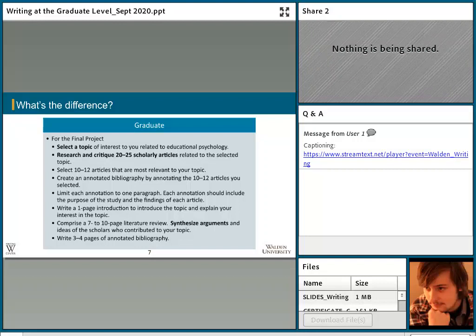We're synthesizing their arguments and commenting on how these arguments agree with one another, how they disagree, how one may be building off of another, how one may be kind of contradictory to another or take a different angle at this topic idea.